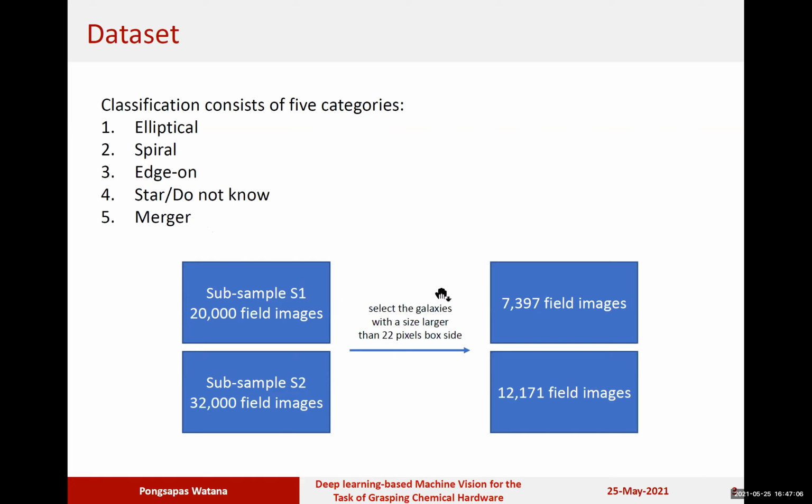Then they select only galaxies with a box size bigger than 22 pixels, and about 7,400 field images remain for subsample 1, and about 12,000 images for subsample 2.